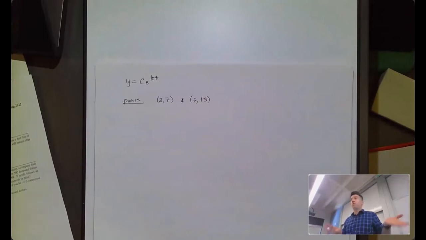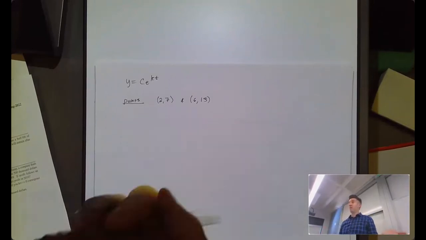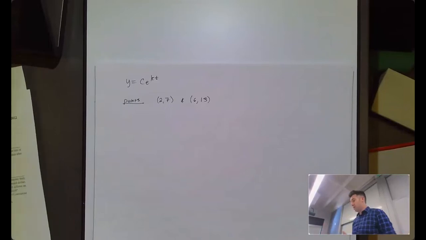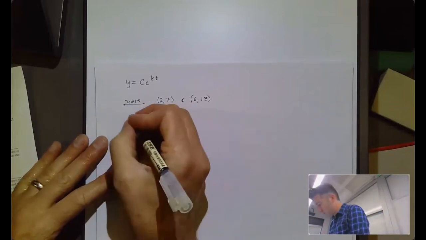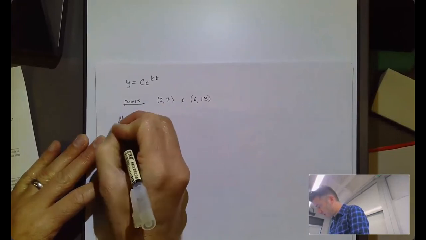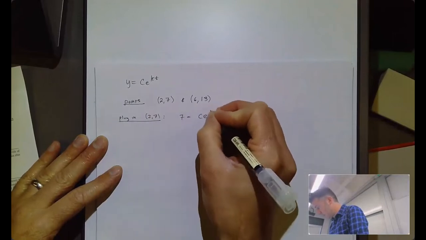So here we're going to do the same thing. We're going to plug in the t and y values, and then we're going to try and solve for c and k. But the less nice part here is that we don't just get c automatically. So plugging in 2, 7, I'm going to get 7 equal to c e to the k times 2.